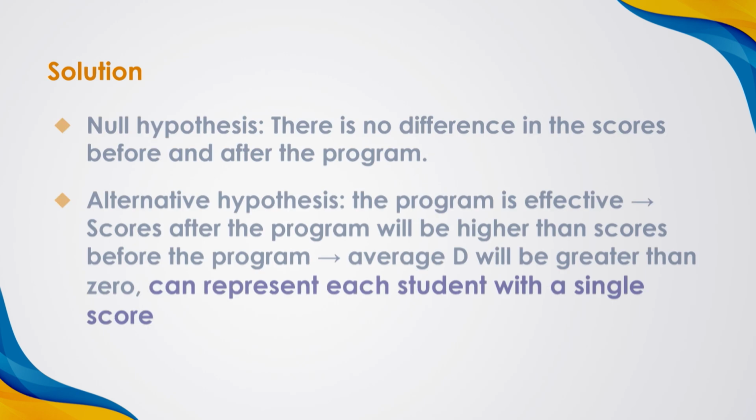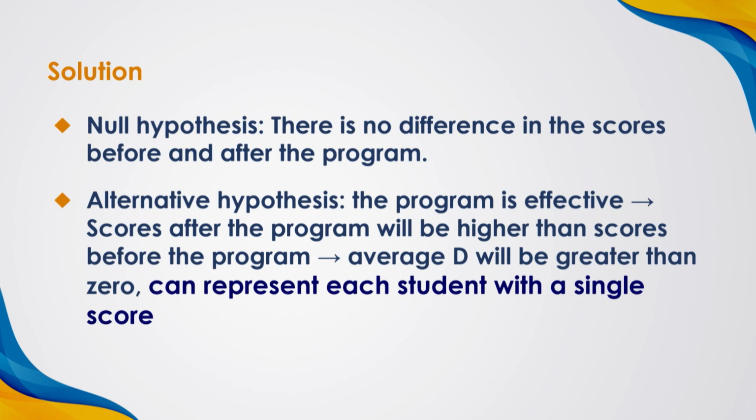Now, coming to the solution, the null hypothesis says that there is no significant difference in the scores, whereas the alternative hypothesis says that there is a significant difference between the average scores. However, the average score after training will be more than before training.